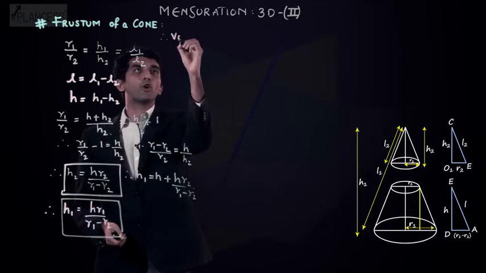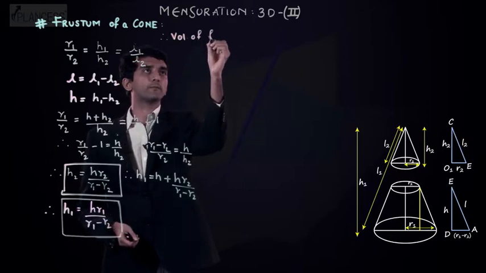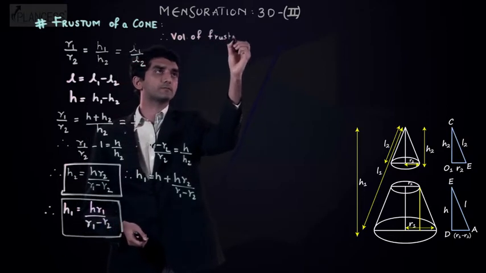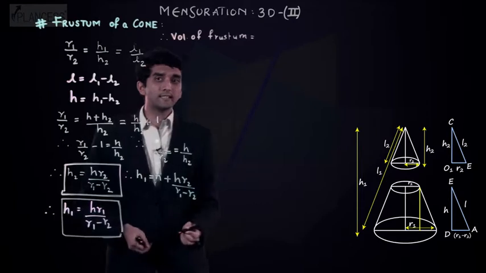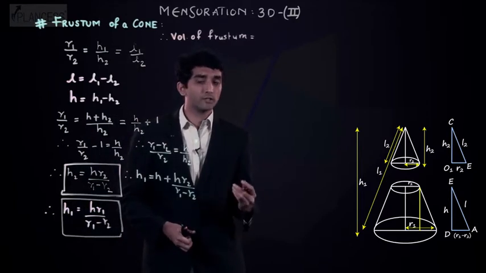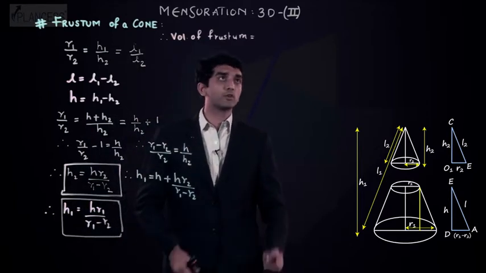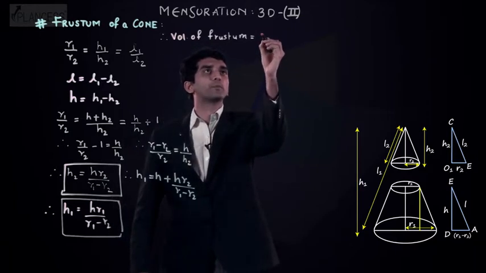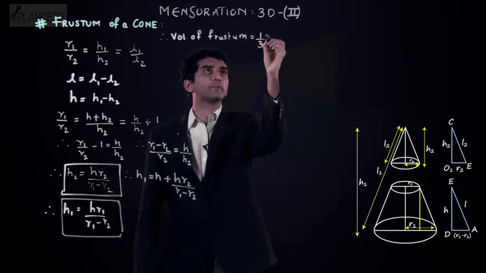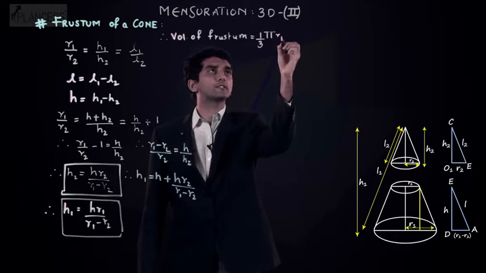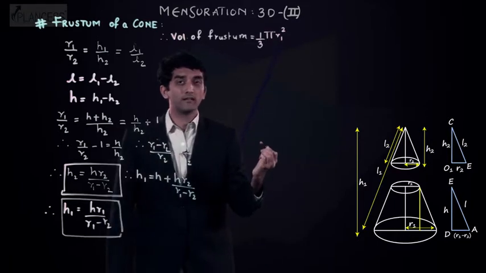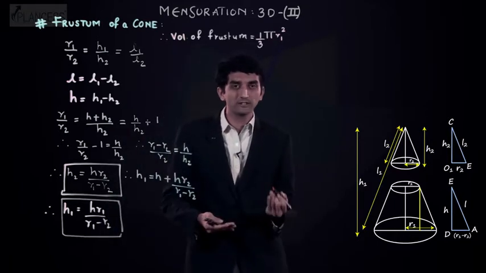So therefore volume of frustum, as I said, is going to be volume of the larger cone minus volume of the smaller cone. So that now is going to be 1 by 3 pi r1 square h1, right? Because 1 by 3 pi r square h is the volume of a cone.